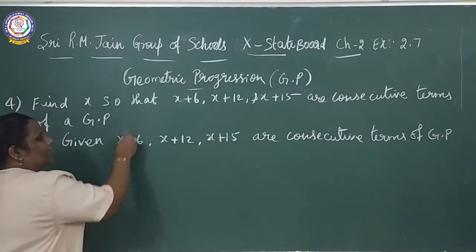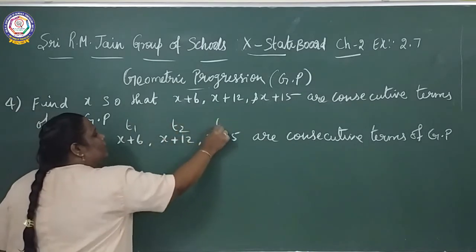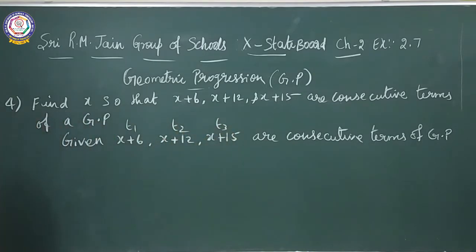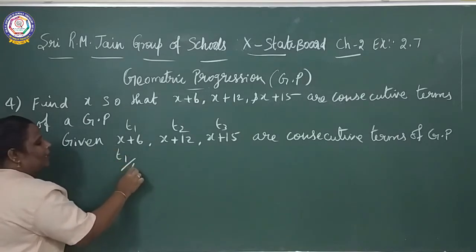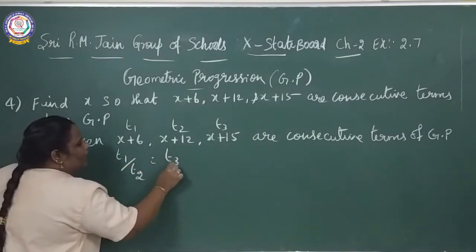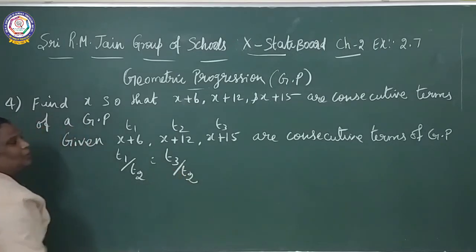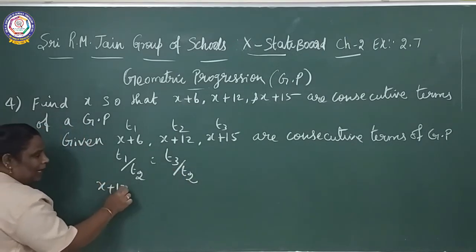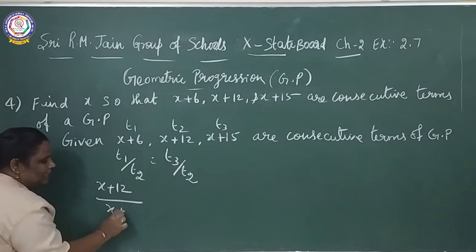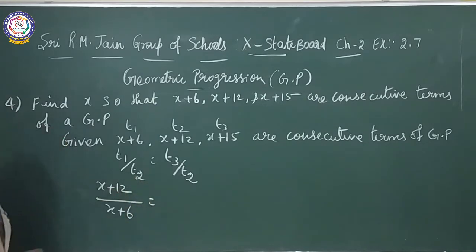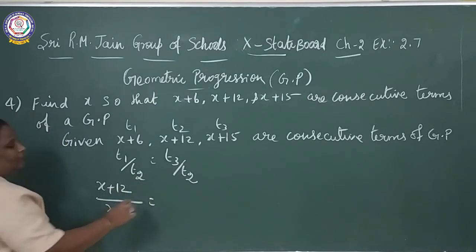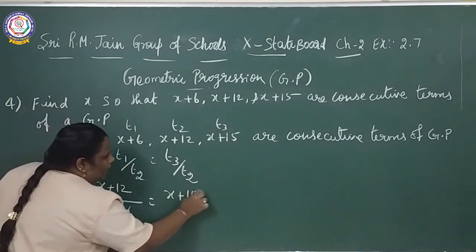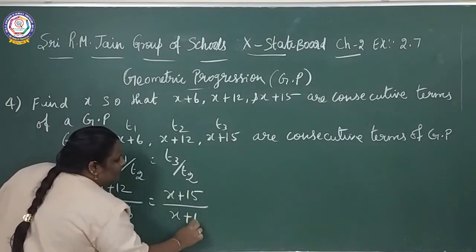So these are T1, T2, T3. You know very well that for consecutive terms the ratios are equal: T2 by T1 equal to T3 by T2. So x plus 12 by x plus 6 equal to x plus 15 by x plus 12.